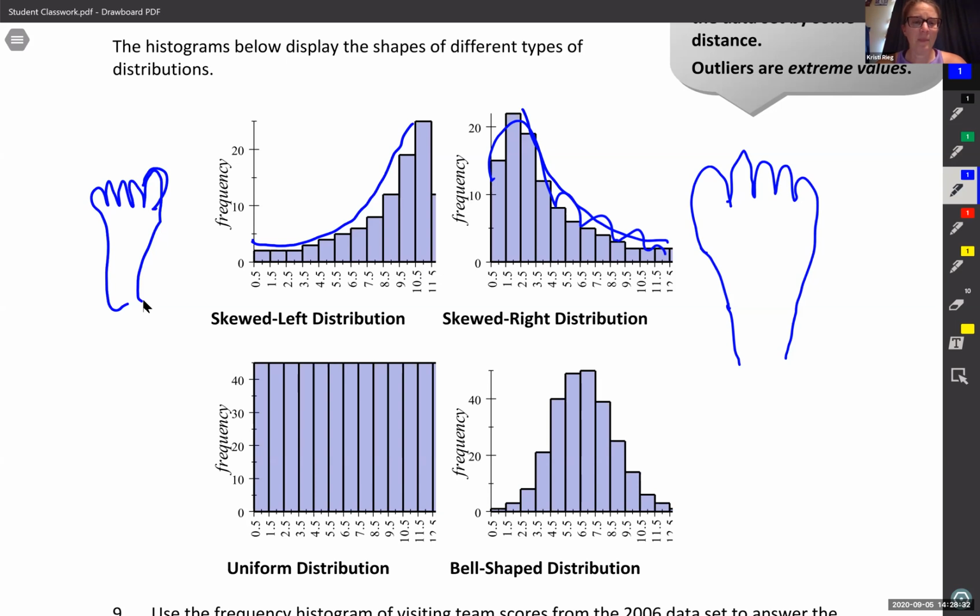Going back, I don't need to go back, but you have it in your notes. It talks about when the mean is less than or greater than the median. The mean gets affected. This one is skewed left, so the median is somewhere in the middle.